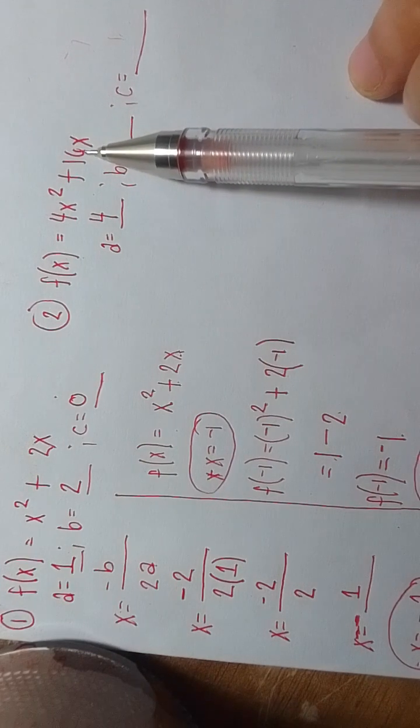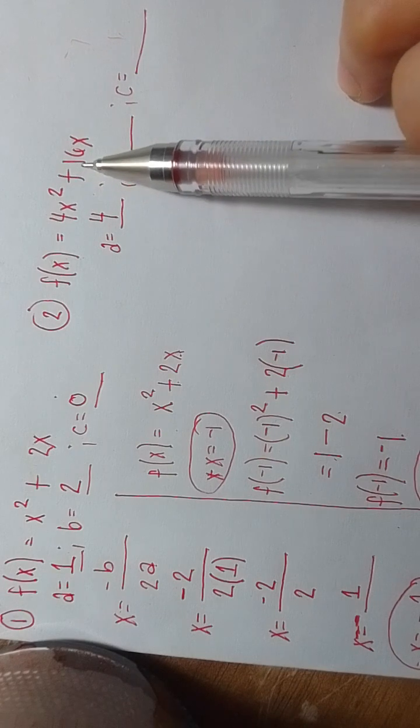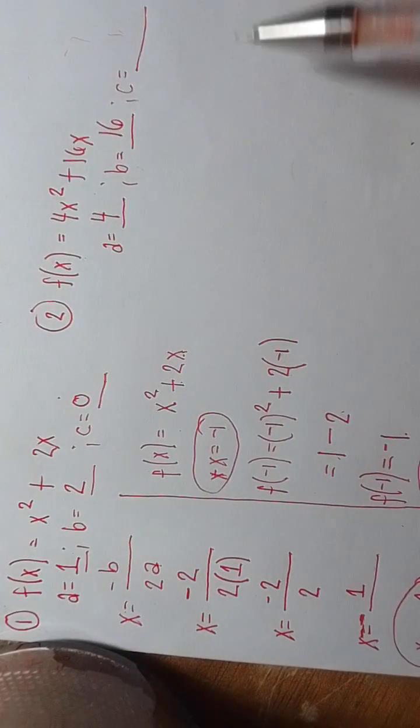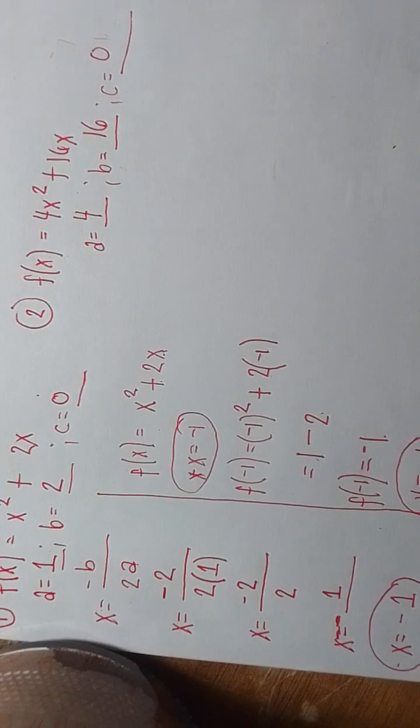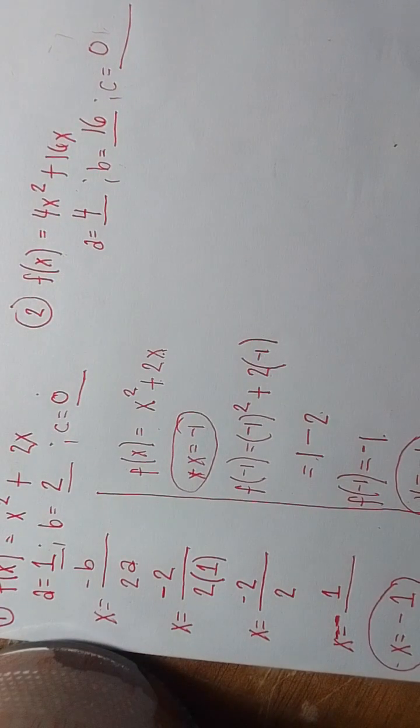You have to check and include its sign. That is positive. So, positive 16 is the value of B. For C, that is 0 because we have no other term left aside from these two terms for getting the values of A and B. We have no value of C, rather. So it is 0.